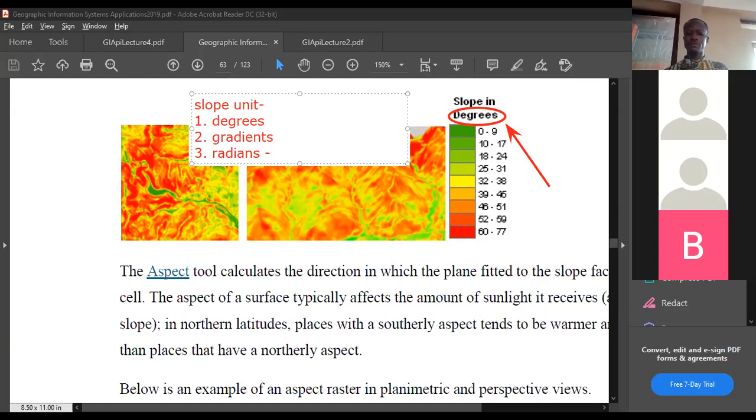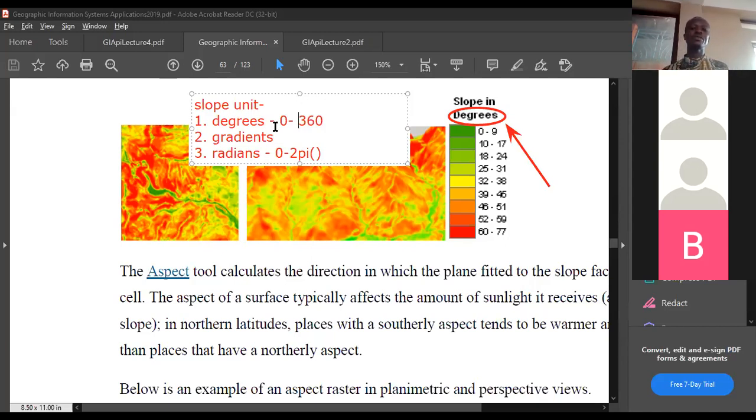Typically, radians work between 0 and 2 pi. I can't type 2 pi here, so I'll just put pi. Degrees is 0 to 360. But obviously every slope varies from 0 to about 90. Once you are at 90, you are truly vertical.